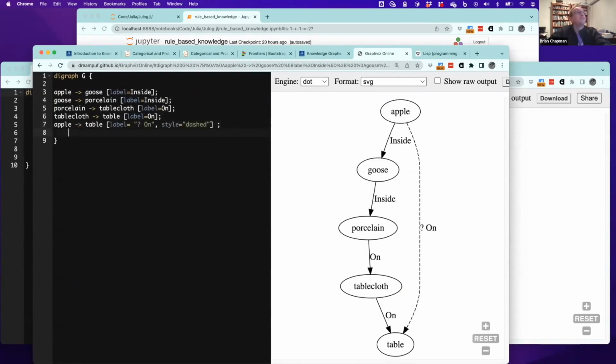Okay, so let's pick a disease or something. So Carl, we're going to use you as our expert. Let's take something from your world of neonatology and come up with a simple knowledge representation of something.